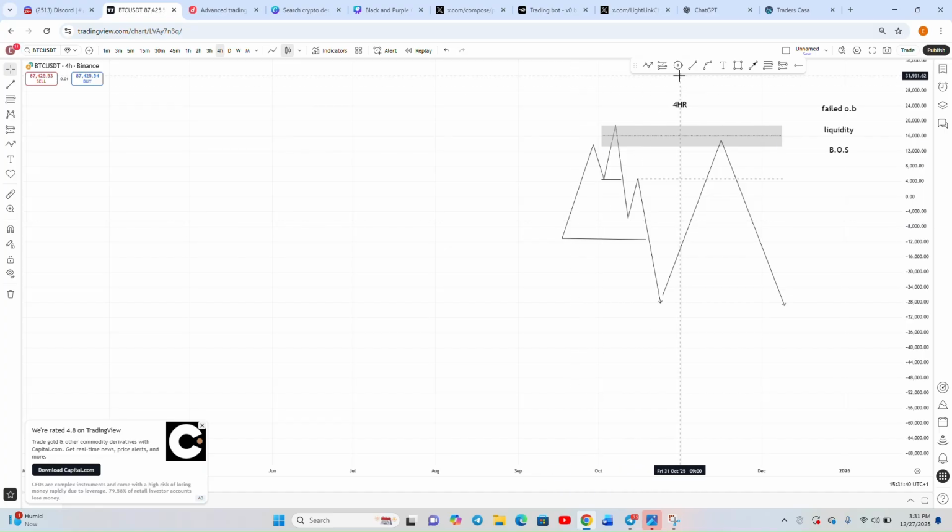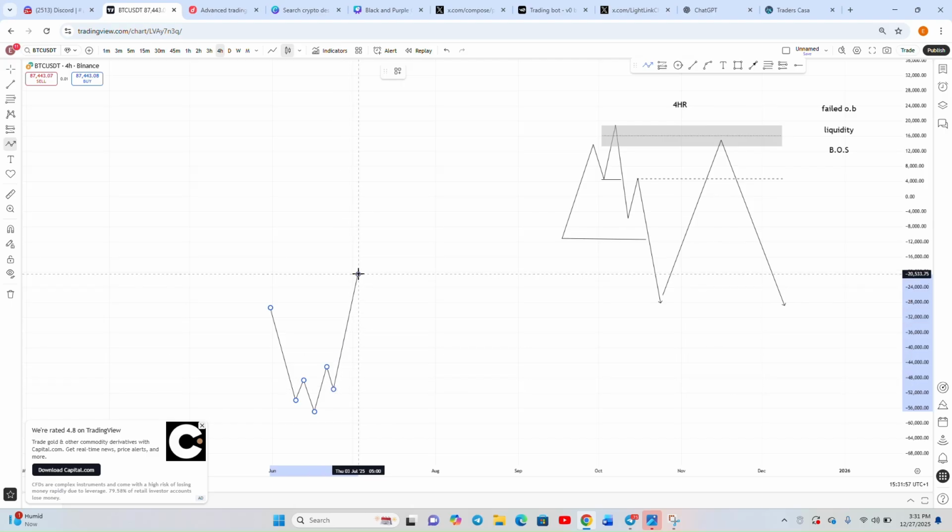Now I'm going to draw the pattern for a bullish scenario. Same thing, just the same thing. Failed order block, change of character, liquidity, then break of structure.